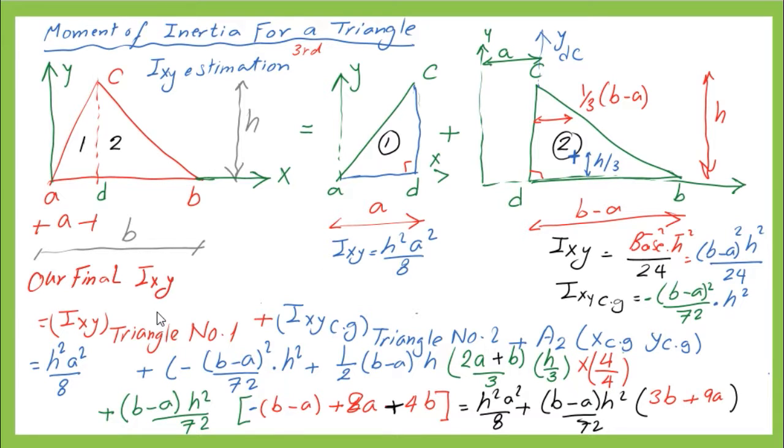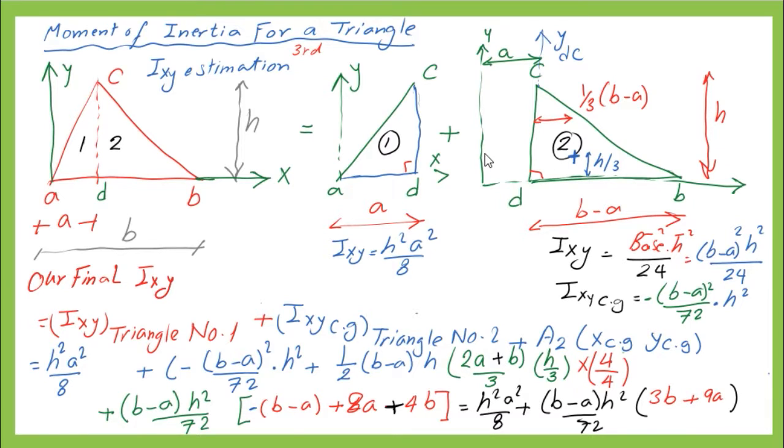So our final IXY will be the IXY from the first triangle, which is H squared A squared over 8, plus the IXY CG for the second triangle, which is minus B minus A all squared H squared over 72, plus the area, which is 1/2 B minus A multiplied by H, by X, which is the distance from the CG, normal distance to X and Y axes.